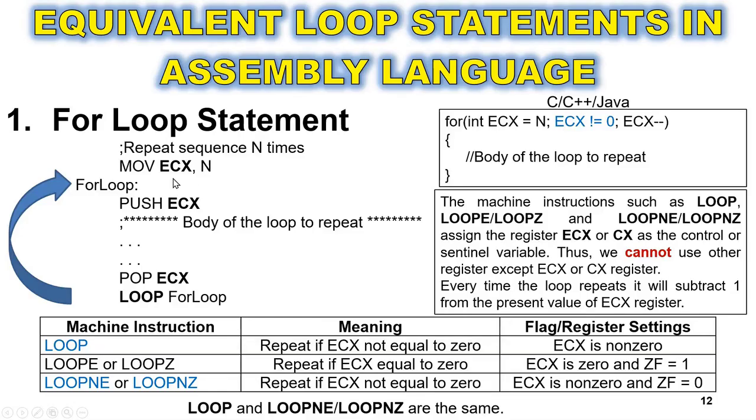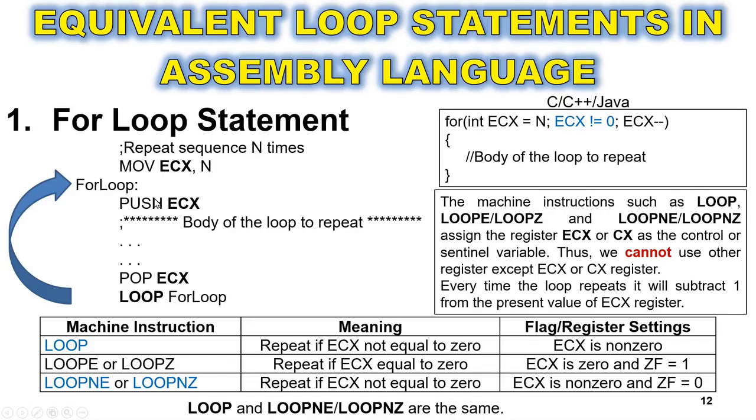We need to use the ECX register because that is the permanent fixed register assigned when we use the machine instructions loop, loop E, loop Z, loop NE, or loop NZ. So we write this code, move ECX with the value of the memory variable n or any numeric value. Afterwards, we assign a label name, and I name it for loop, with a colon.